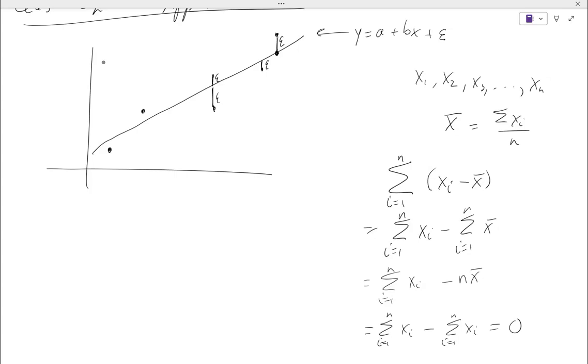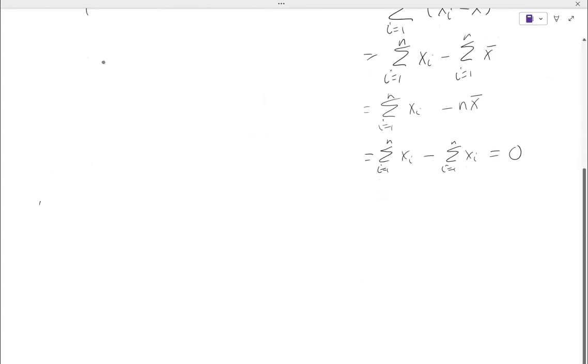So what we're going to do is take all the squares of the errors, right? So we want to minimize the sum of the squared errors. If we have all of these errors, this time I will put a subscript in there.